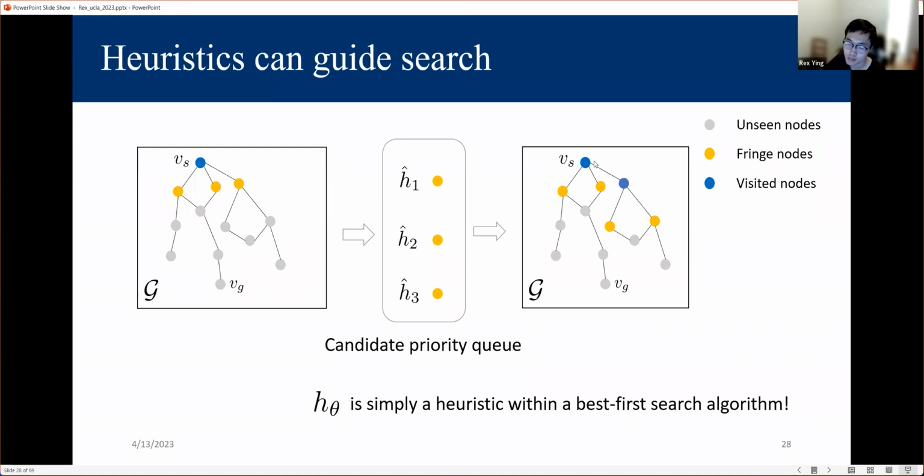And the visited nodes basically mean nodes that we have already tried out. Okay, and we want to learn a heuristic h_theta that approximates how far away you are from a destination. And this function is a neural network that is parameterized by some parameter theta.